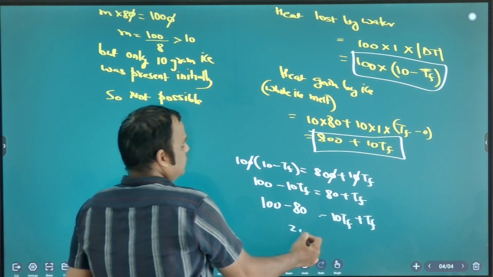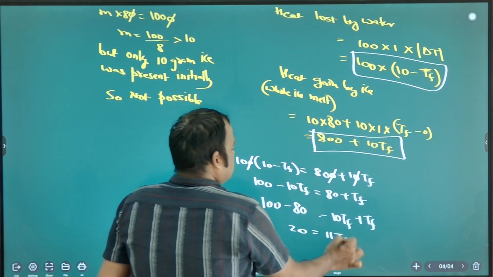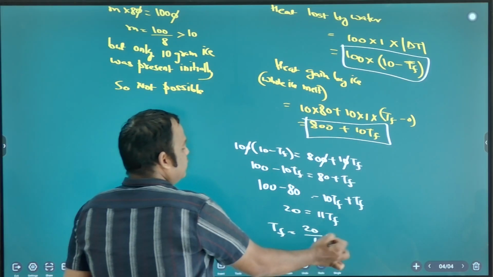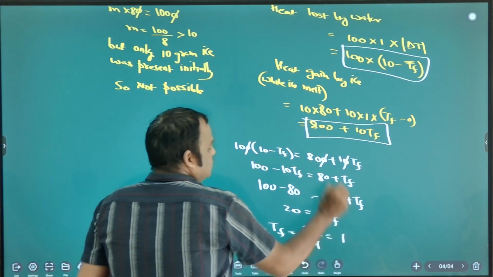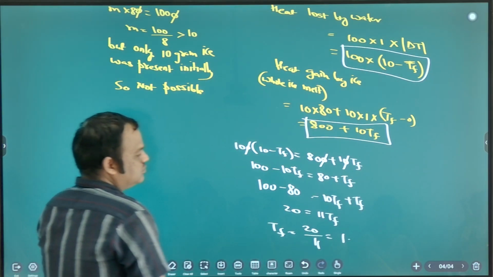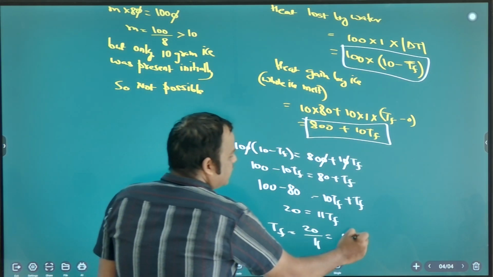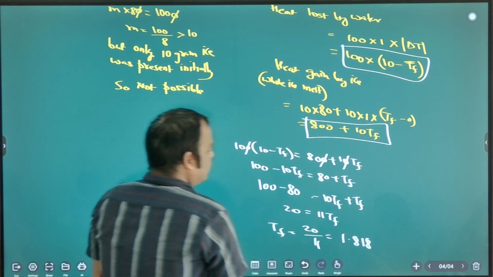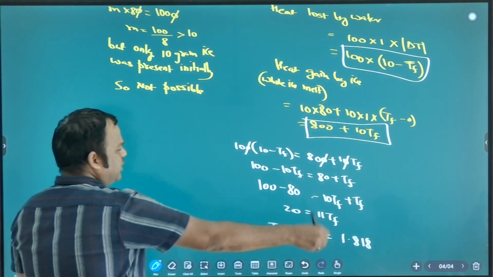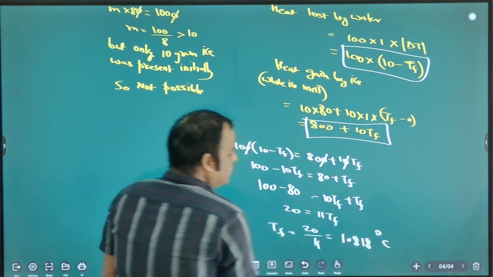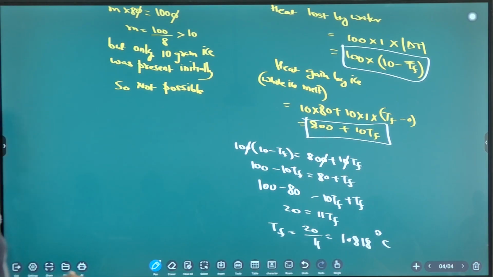So 20 is equal to 11 TF, so TF is equal to 20 by 11, which is 1.818181 like this. It is degree Celsius. So 1.81 degree Celsius. Okay, clear?